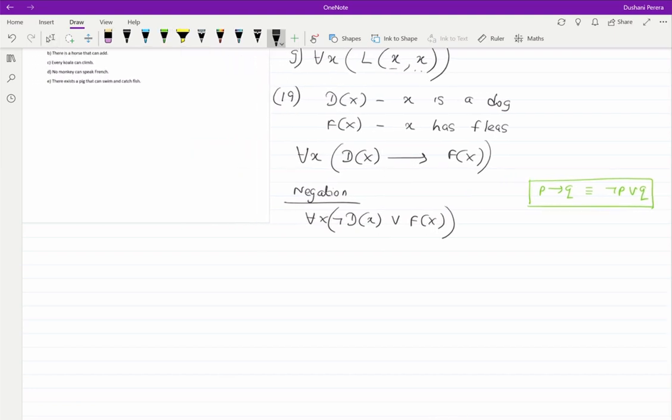Alright. Now to get the negation, we have to give this entire statement a negation. So how do we simplify this? Negation of for all x becomes there exists x. Then the negation goes inside the bracket: negation of (not D(x) or F(x)).